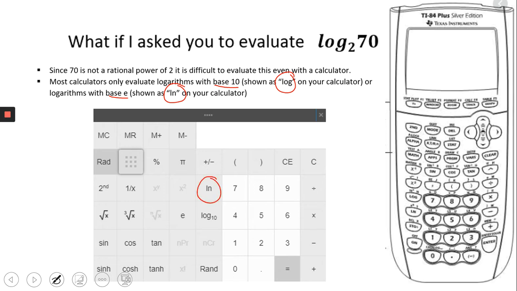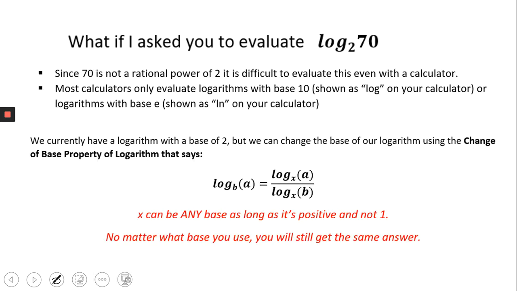You can see your natural log here, and you can see your log base 10 there, which again, over here on this calculator, you have your natural log and your just log, which doesn't have a 10 there, but remember they're the same. So most calculators just have these two abbreviations for those types of bases. Technically, you can do more complicated ones on the graphing calculator, but for now, I'm going to show you why we can use just those regular bases, 10 and e.